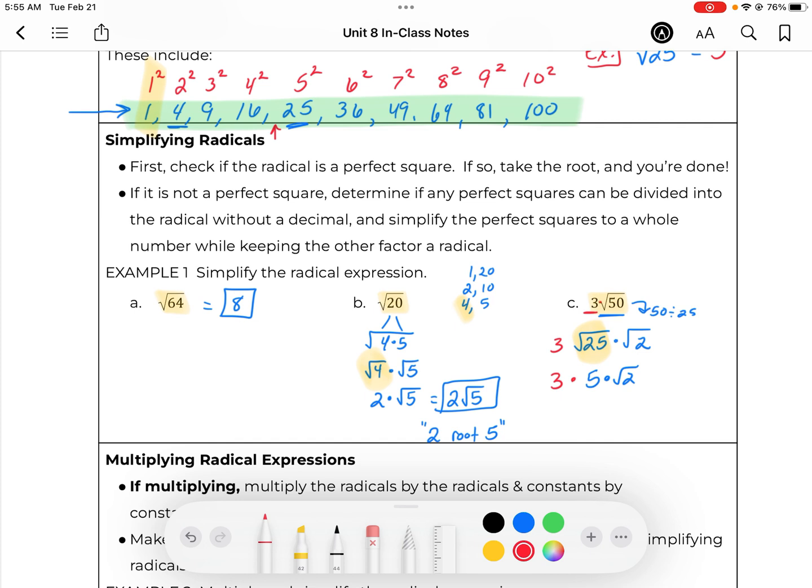There's a multiply sign that we don't bother writing in there because when you have two numbers stuck together like that, you can imply that there's a multiplication. So we're really doing 3 times the square root of 50, so it's 3 times the square root of 25 in the front here. So it's 3 times 5 at the front. 3 times 5 we can further simplify to be 15. The square root of 2 stays at the end of my answer. So that is your answer, and we would read that 15 root 2.